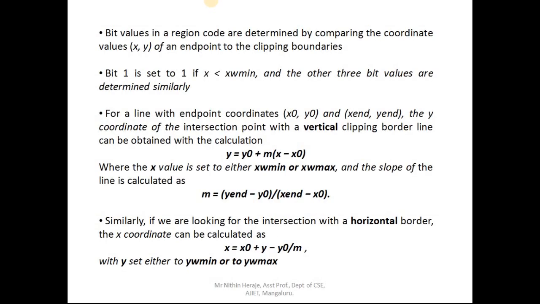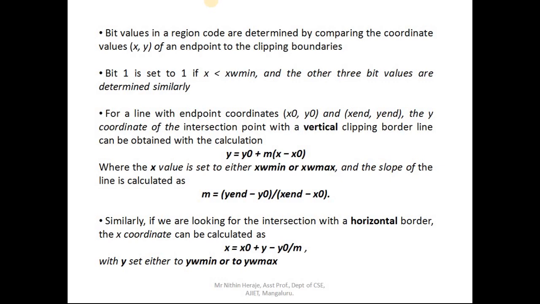Then bit values in a region code are determined by comparing the coordinate values x, y of an endpoint to the clipping boundaries. Bit 1 is set to 1 if x is less than xw min. That means it is outside the clipping window. So if x is less than xw min, that means it lies on the left side of the clipping window, and the other 3 bit values are determined similarly, that is based on x max, y min and y max.